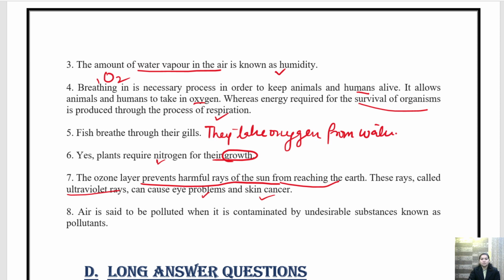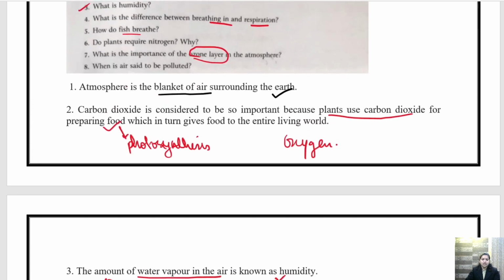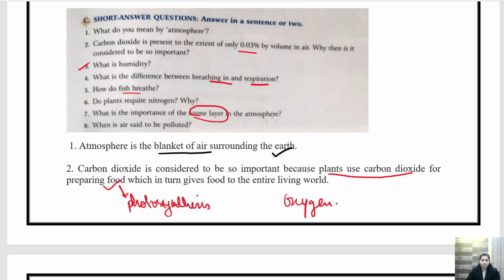Because it protects us from harmful UV rays, and these ultraviolet rays can cause eye problems or skin cancer. Clear? Now, the last question of the short answer questions.